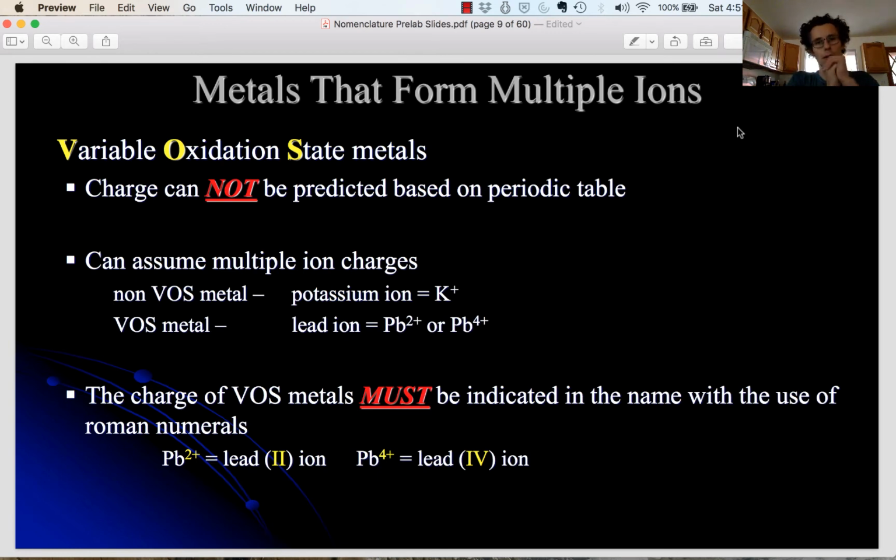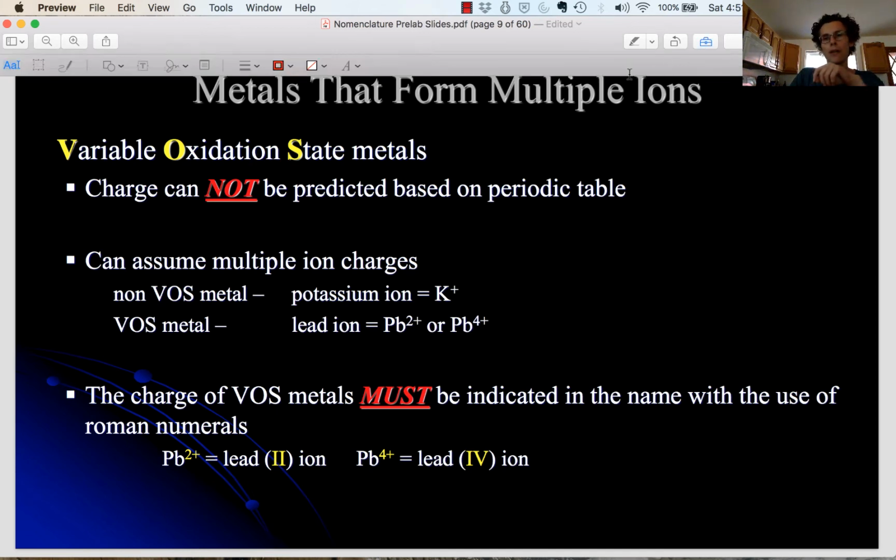All right, so let's summarize the variable oxidation state metals, which are just your variably charged metals. You can't predict them based on the periodic table. They can assume multiple charges. What that means is they can be +2 or +4. Non-variably charged metals are things like potassium that you can get from the periodic table.